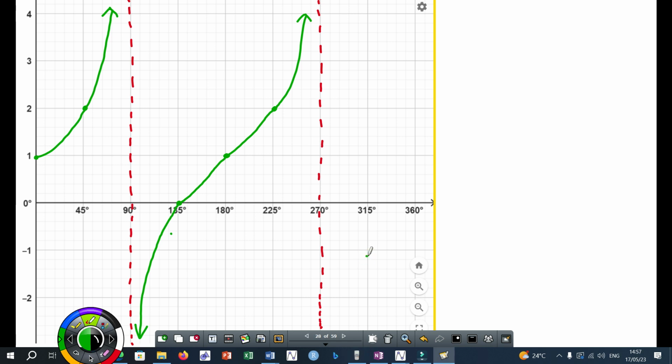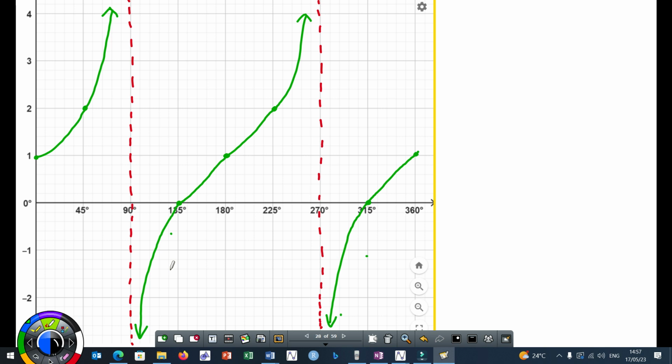So we've got 315 here and then 360. So when you sketch, you start from the bottom, then it passes through 315, then it stops at 360. So you have that. So this is the graph of f of x equal to tan x plus 1.